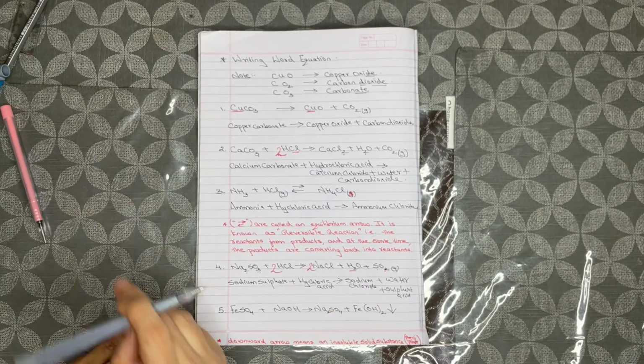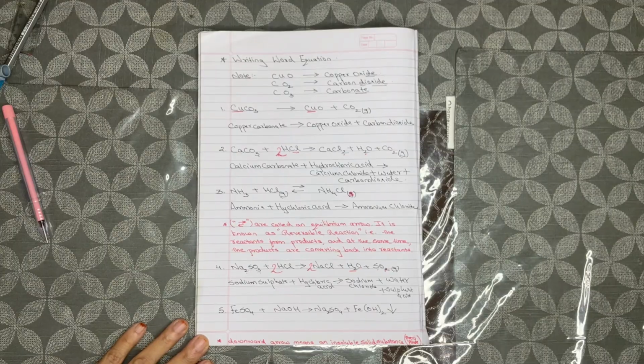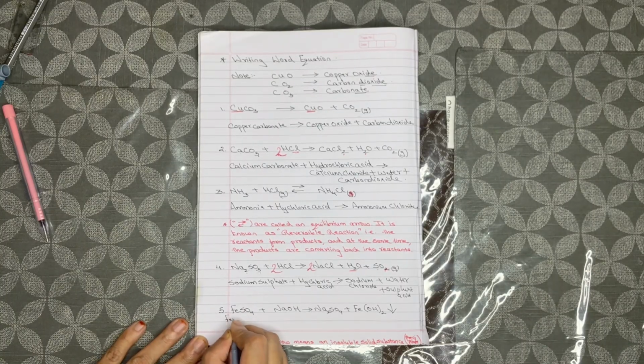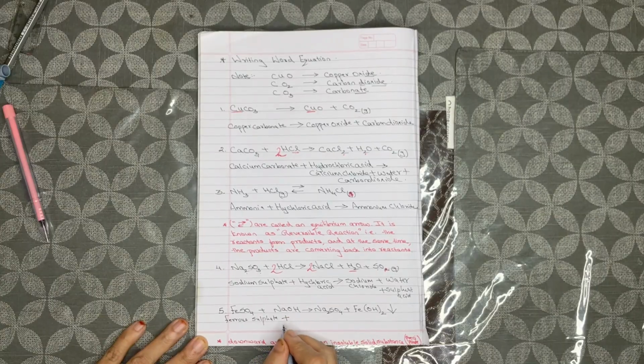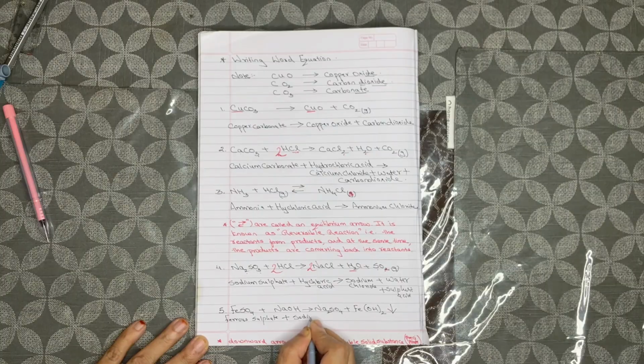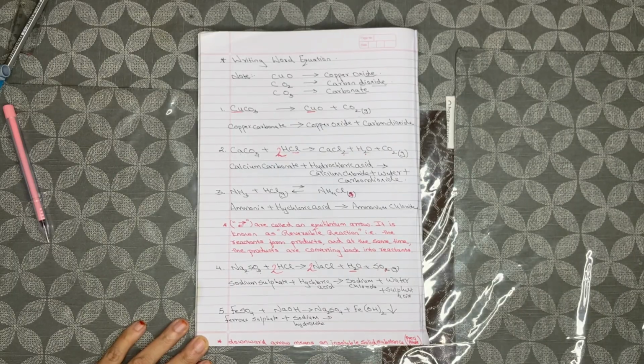Now FeSO4. Fe means ferrous and ferrous means iron. So this is iron sulfate या इसको हम ferrous sulfate भी बोल सकते हैं. So this is ferrous sulfate. When it reacts with NaOH, NaOH is sodium hydroxide. जब दोनों रिएक्ट करेंगे तो हमको प्रोडक्ट क्या मिलेगा? हमको मिलेगा सोडियम सल्फेट.